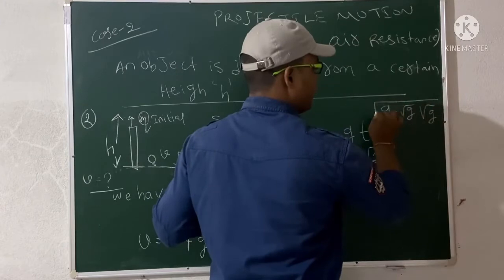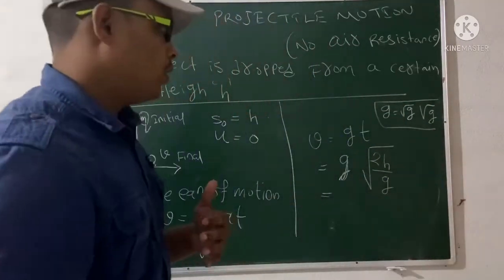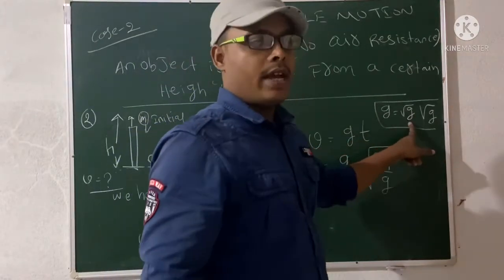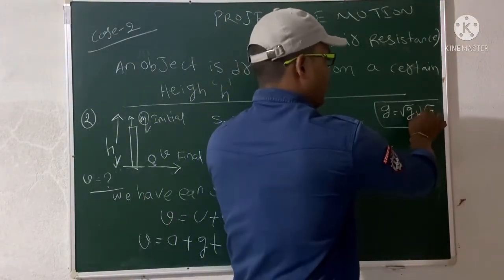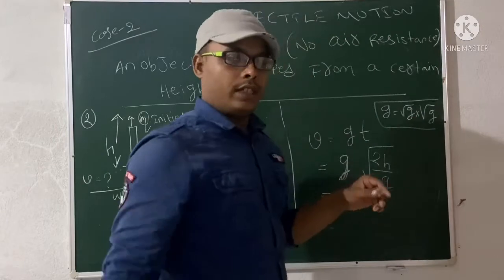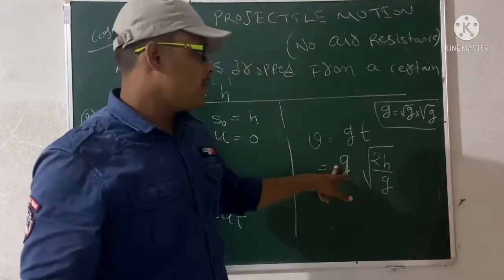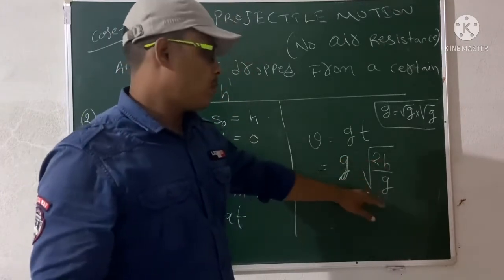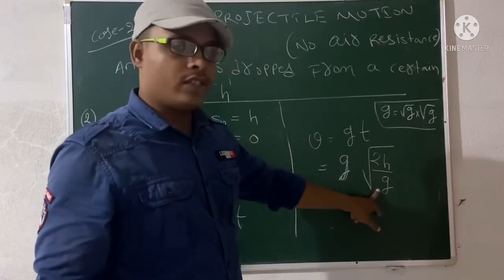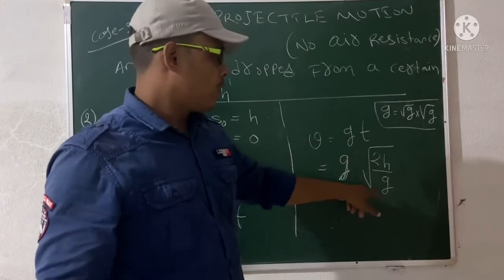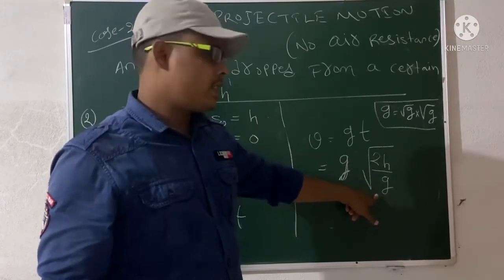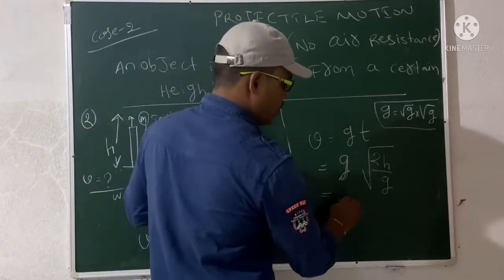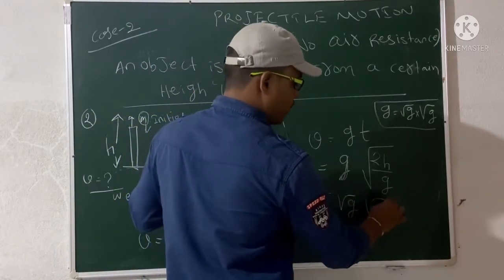We know this from mathematics that g is the multiplication of 2 square root g. So here, that means 2 square root g. One square root g will be cut from the denominator, and there are 2 square root g, so 1 square root g will be left over. So 1 square root g into square root 2h.